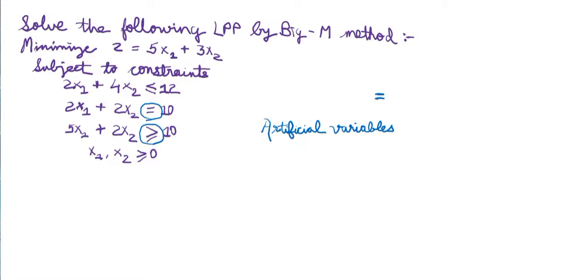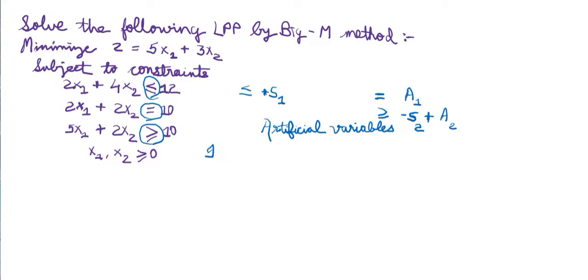That is, for this equality constraint, we'll add a1, and for this greater than or equal to constraint, we'll introduce the surplus variable as well as the artificial variable. That is, it will be minus s2 plus a2. And for this less than or equal to constraint, we'll introduce the slack variable. That is, here this will be plus s1, and for greater than or equal to, it will be minus s2.